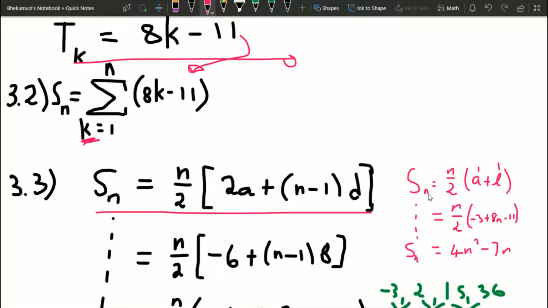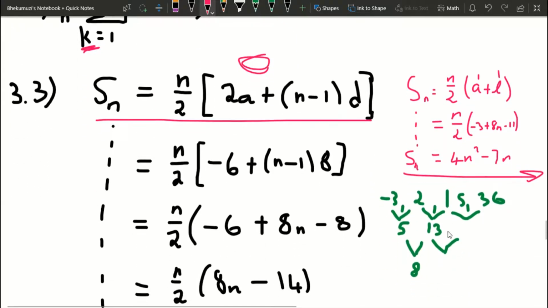So the last term here is literally the formula itself. So it's 8k minus 11, but in this case we'll say 8n minus 11 because they're looking for the sum in n. You'll find that this is a quicker calculation compared to using the other formula. So you actually do find the same thing.